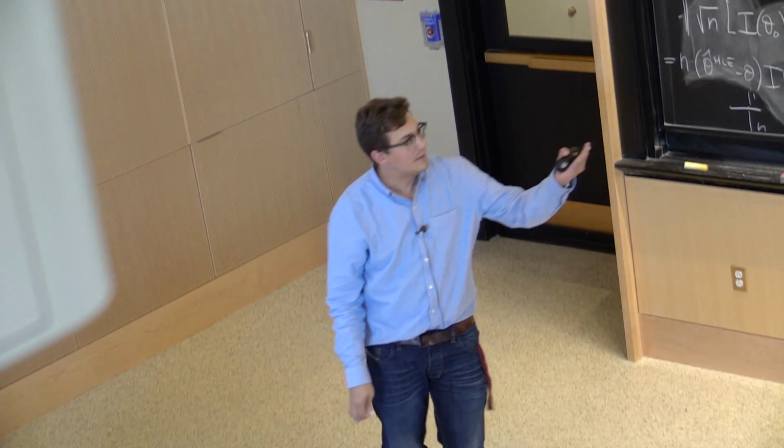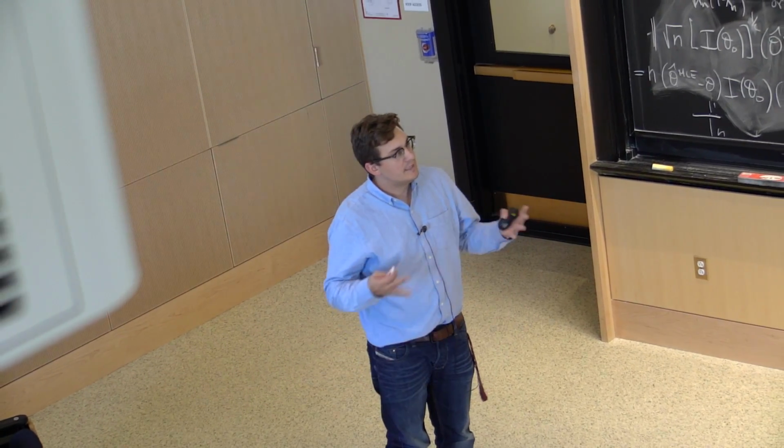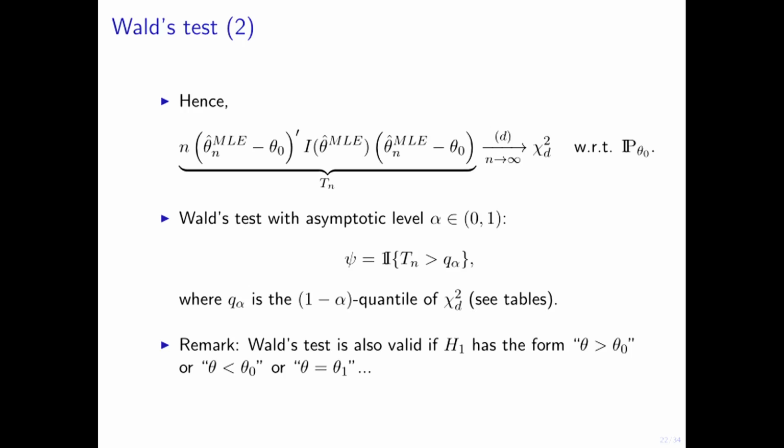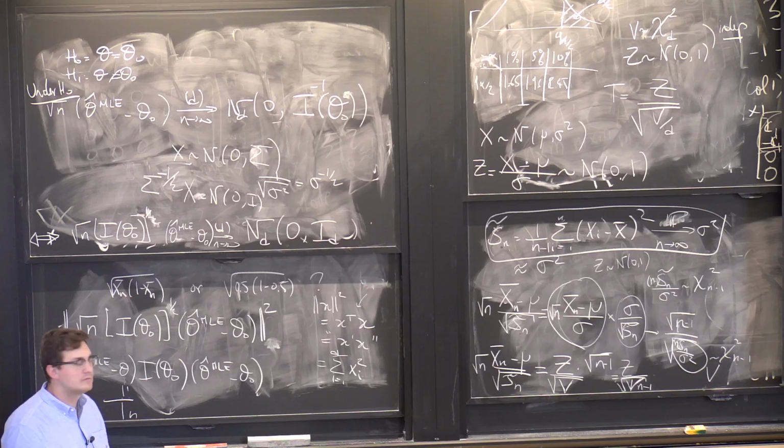OK? And now I'm going to have a test that rejects if Tn is large, because Tn is really measuring the distance between theta hat and theta 0. OK?